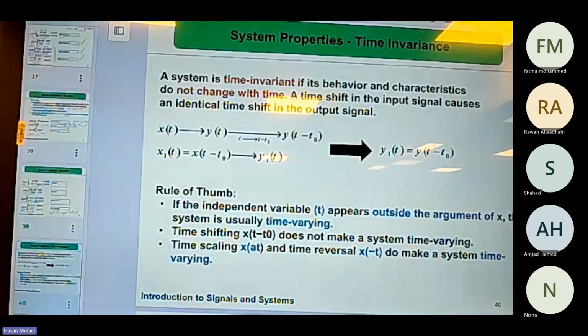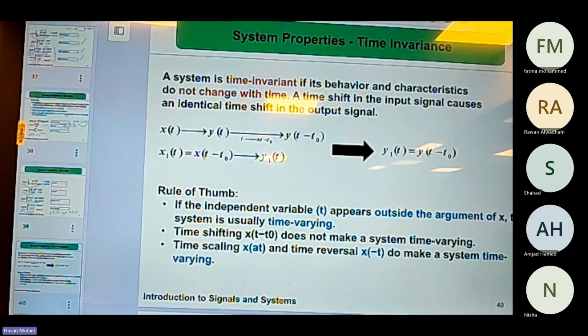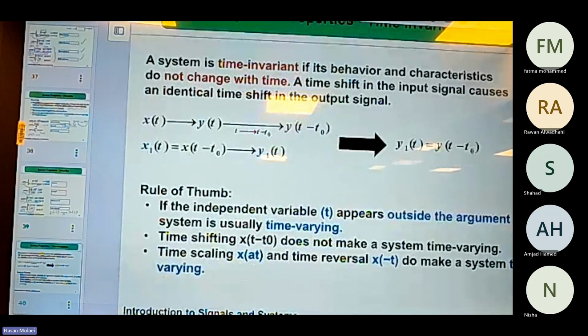Time invariant: we call the system time invariant when its characteristics don't change with time. What does it mean? If you apply an input today and see the output, and you come back tomorrow and apply the same input again, you should see the same output. Nothing should change. If I change t to t minus t0, I will have this.